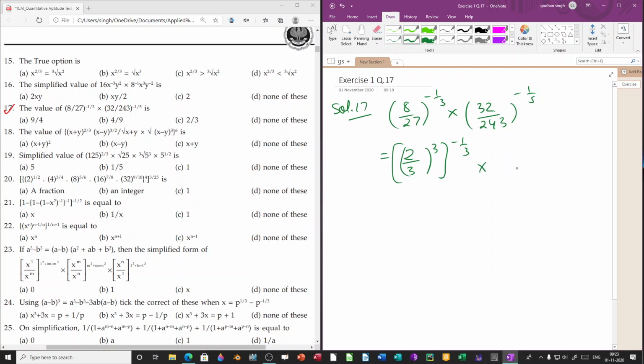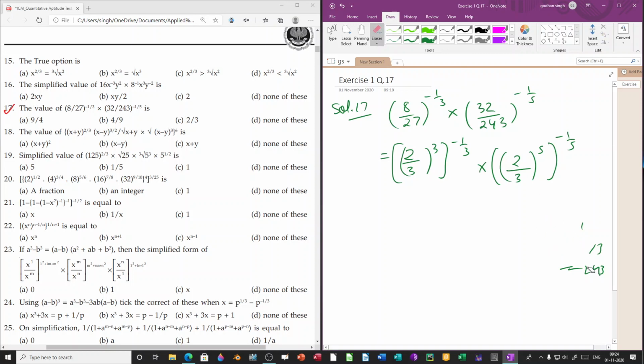Now the prime factorization of 32 gives 2 raised to 5, and this 243: 3 raised to 4 is 81, and 3 raised to 5 will give you 81 into 3, that is 243. So this can be written as 3 raised to 5. So together we can write it as (2/3) raised to 5, and outside the power is minus 1/5.